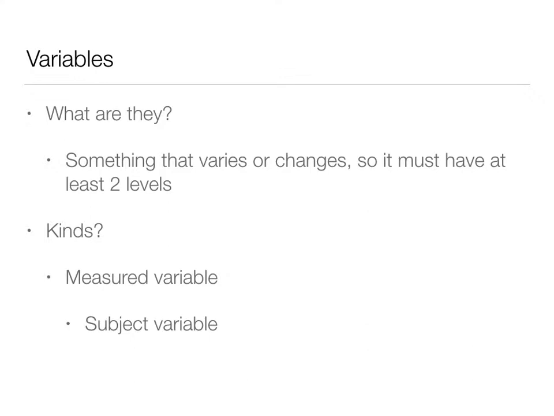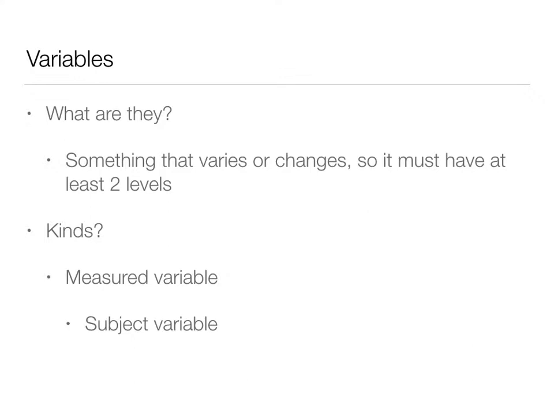It is a subject variable because it has two levels, but it's something about the subject. It's something inherent to the subject themselves. It's not something that we ourselves can manipulate. It's just something that we can measure. Another example would be diagnoses, where somebody is maybe on the autism spectrum. That would be a measured subject variable.